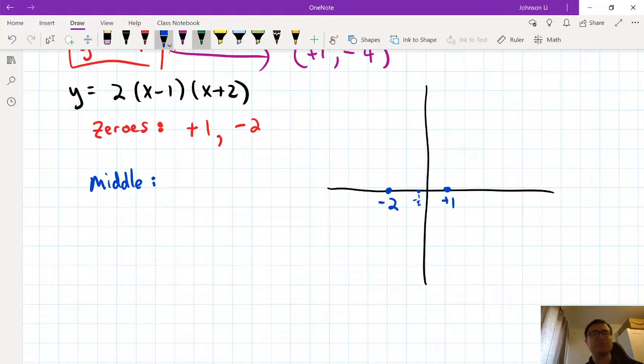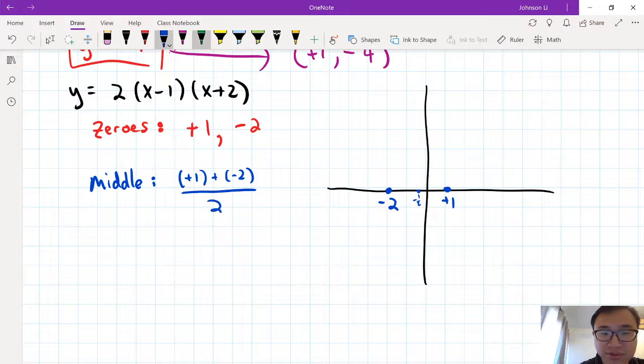But let's actually do some algebra and confirm that using math. Again, we're going to find the average between the two numbers. So I'm going to add the two numbers together and divide by the number of numbers, finding the average between them. So add them together and divide by 2. Positive 1 plus negative 2 is the same thing as (1 minus 2) over 2. 1 minus 2 is negative 1, over 2.